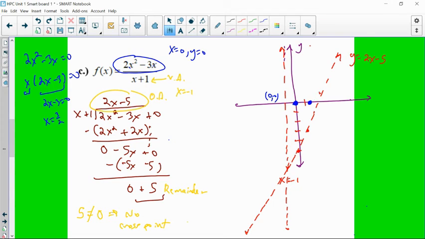Okay, now we cannot cross a vertical asymptote. We already proved we're not crossing the oblique asymptote, and we know we've got to go through these two points. So that really dictates the behavior to the right of that asymptote. What's the behavior to the right? For some reason my highlighter doesn't work very well.